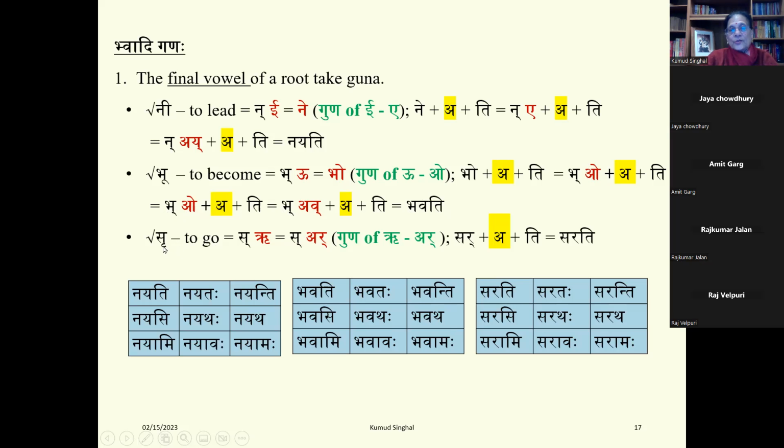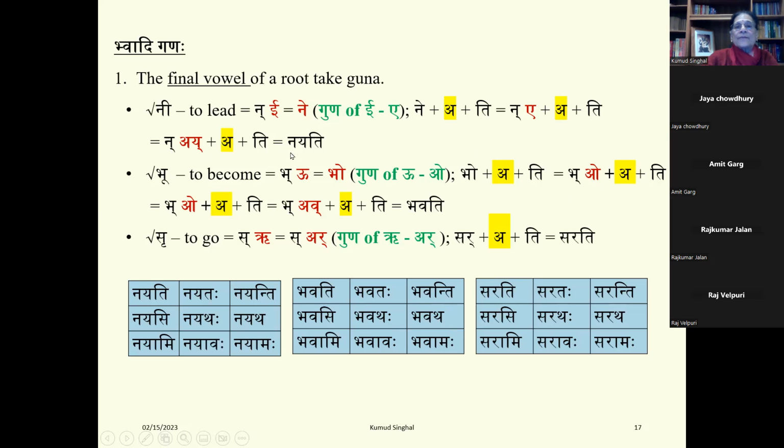Sru. So sru is s and ru. The guna of ru is ar. So this becomes sar. So sar plus a plus ti becomes sarati. This sru dhatu means to go. So the final vowel takes the guna and then there is this sandhi: e becomes ay and o becomes av.